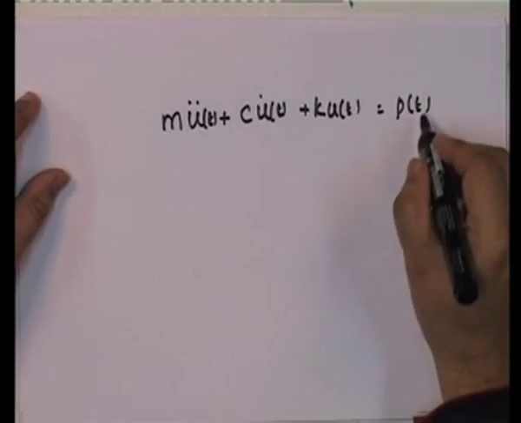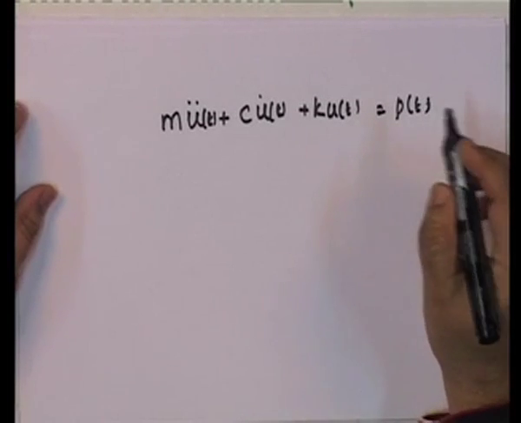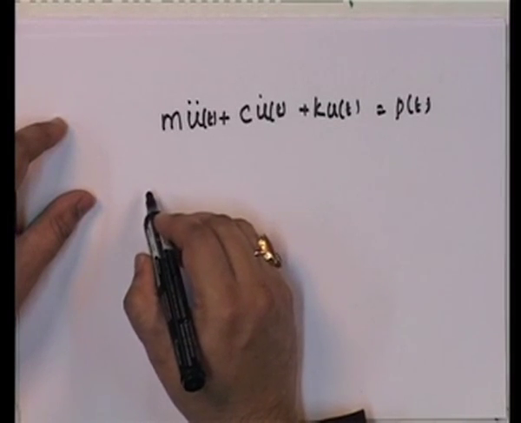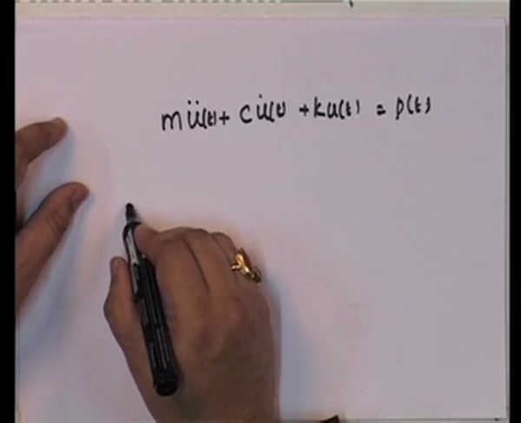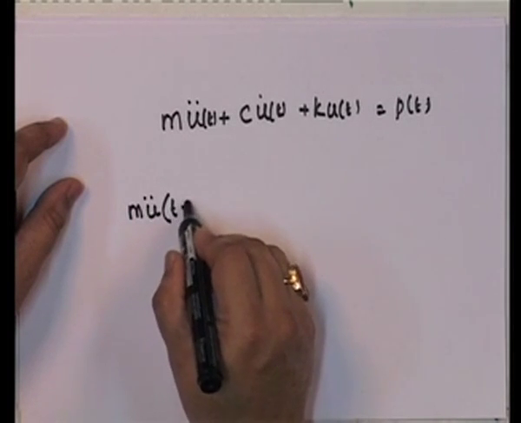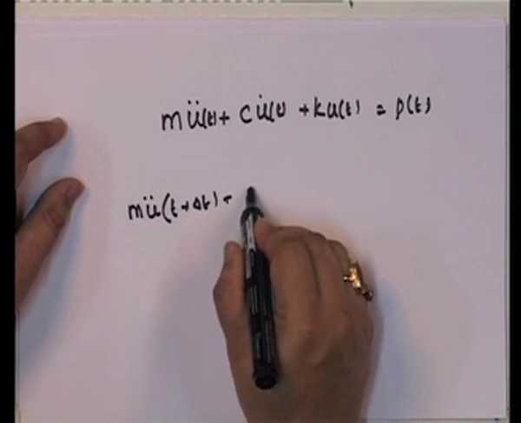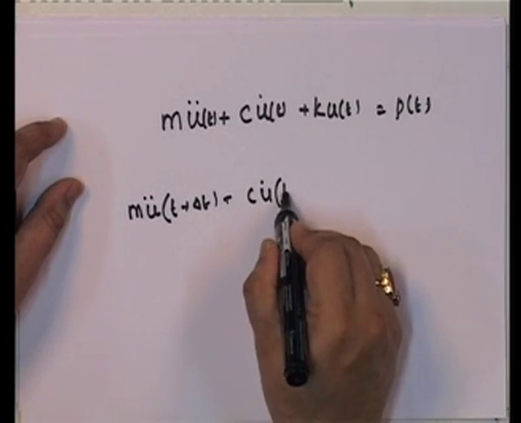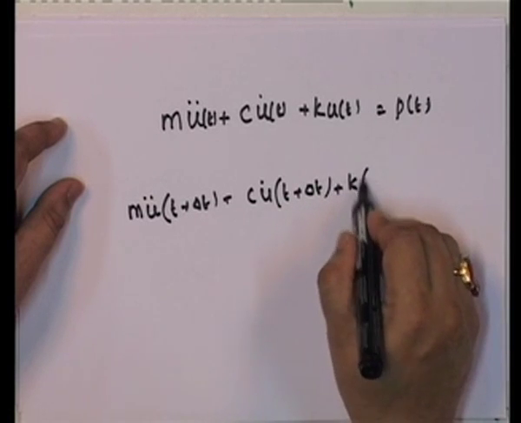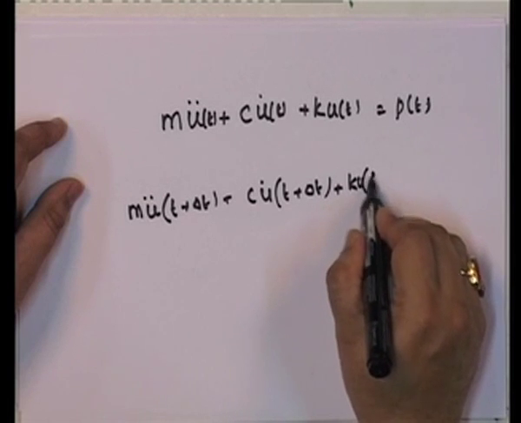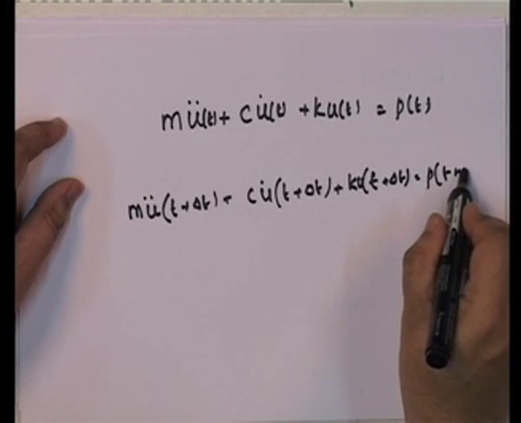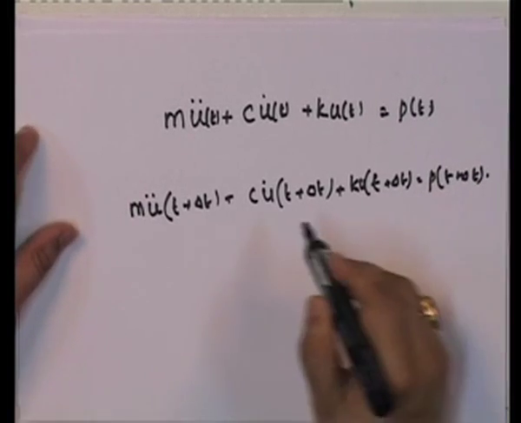So, this in a sense is okay, and then it says that look, at time t plus tau, what you have is okay.